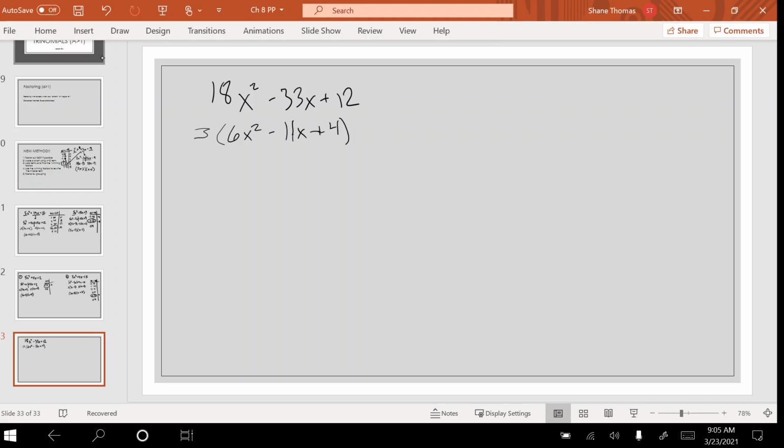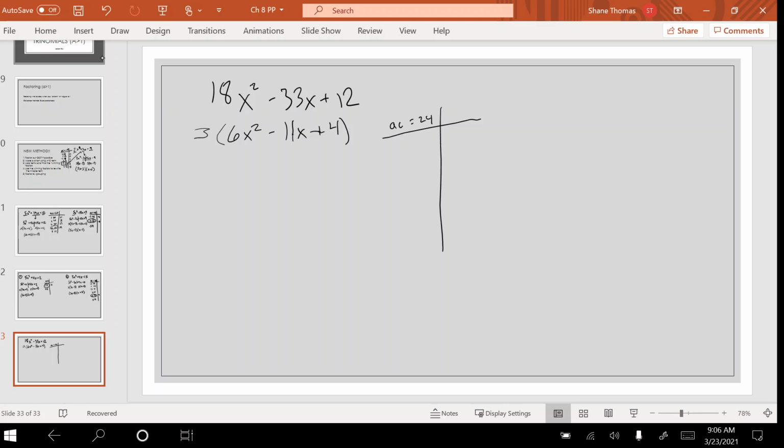All right, so let's look on the inside. 6x squared minus 11x plus 4. Let's do it just like we did before. What's my AC? Okay, 24. Now, it's a minus plus. Therefore, everything has to be negative, correct? Because I need a positive C term. They both have to be the same. Since it's negative with my B, everything has to be negative.